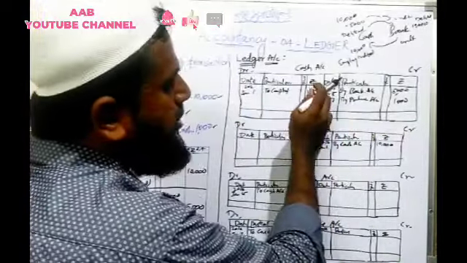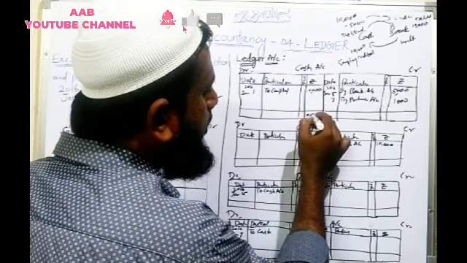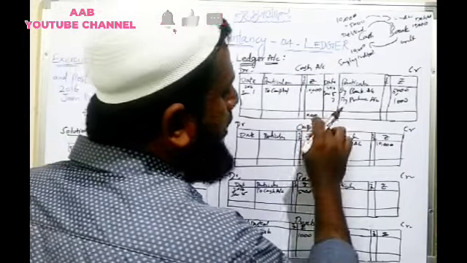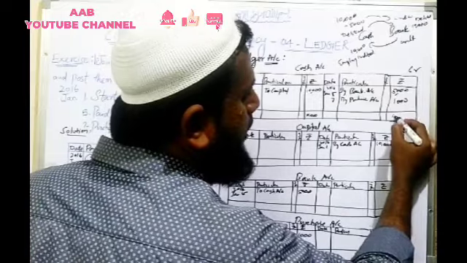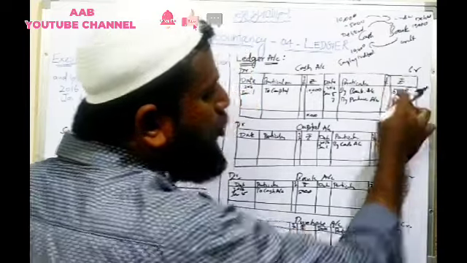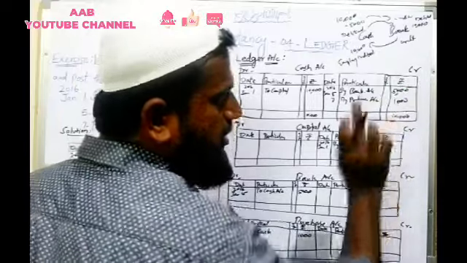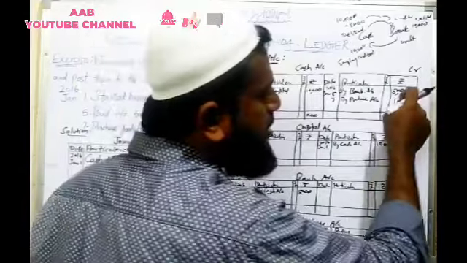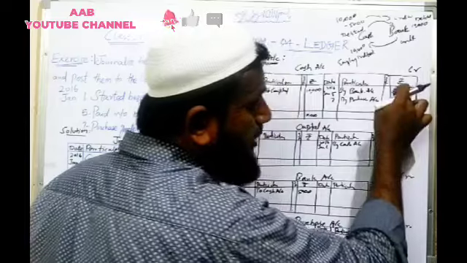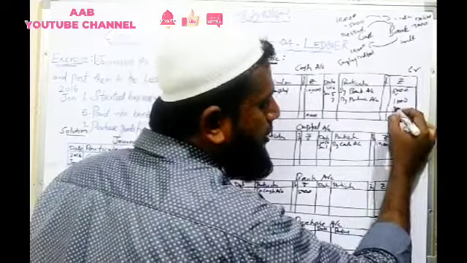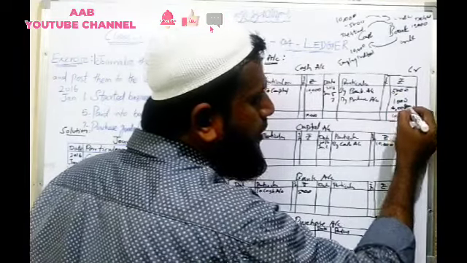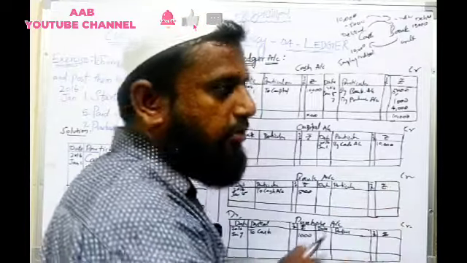So 10,000 is the higher value. 10,000 rupees will be written down, the same on the credit side, 10,000 rupees. So how much is the difference? 5,000 plus 1,000 is 6,000. The difference between 6,000 and 10,000 is 4,000. So 4,000 is the difference amount.